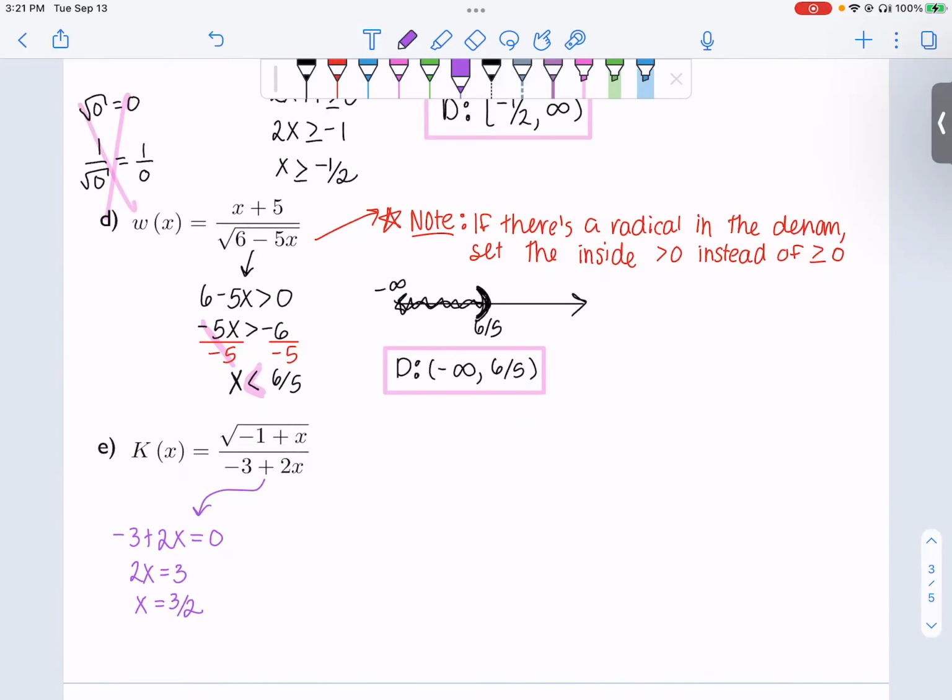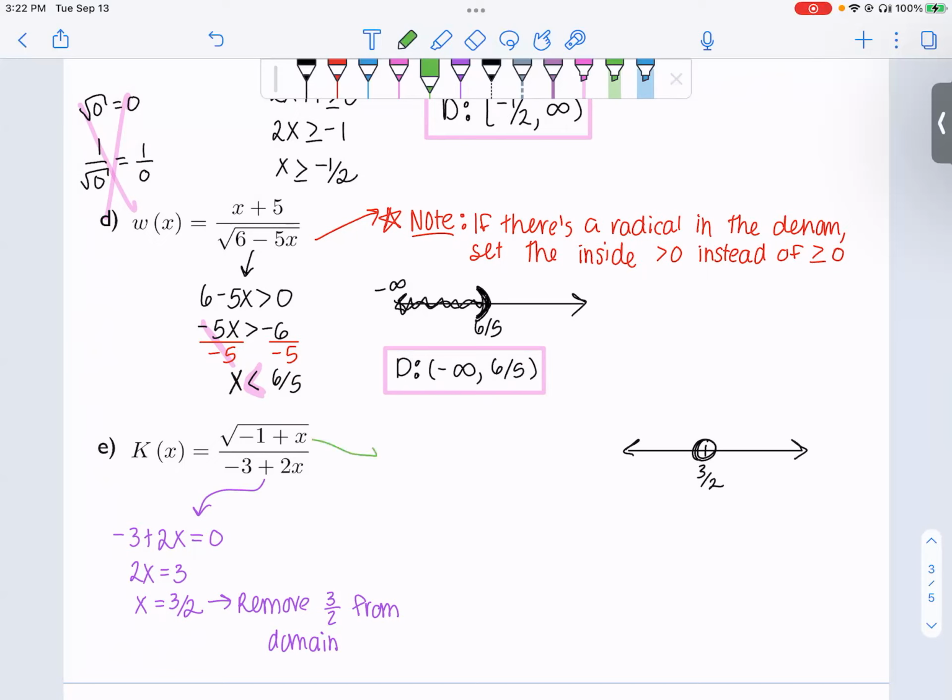This number, x is equal to 3 halves, needs to be removed from our domain. So I'm going to put a big circle here on 3 halves so I know I'm excluding it.